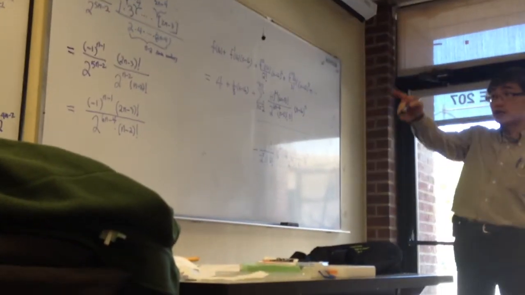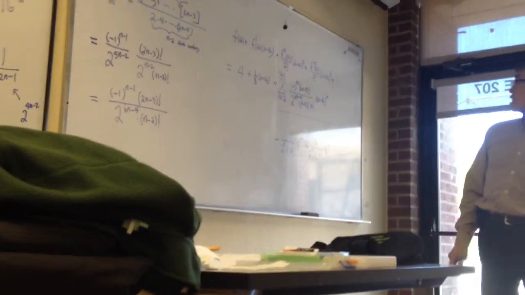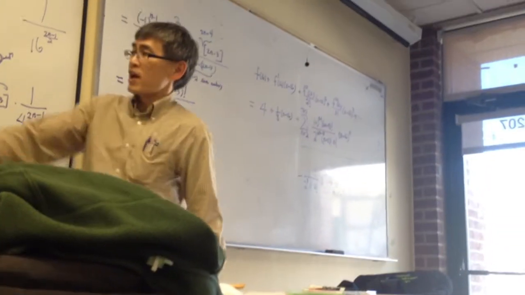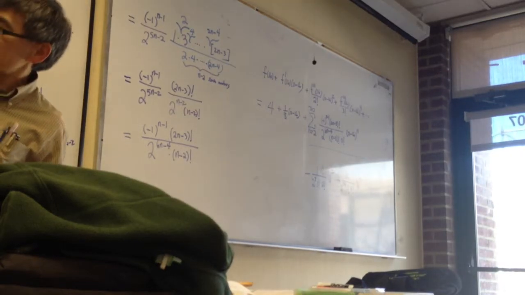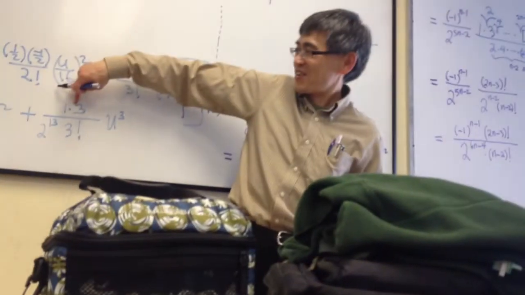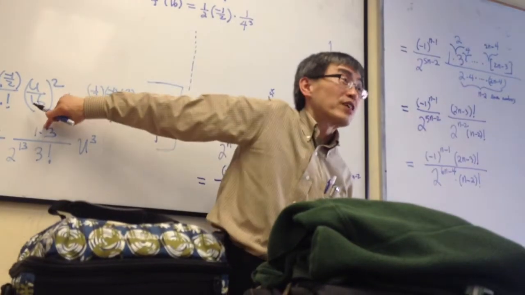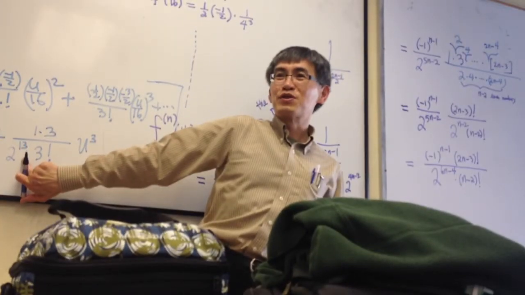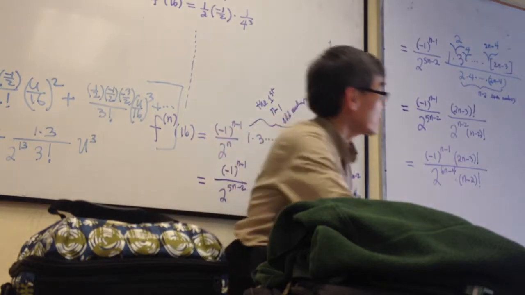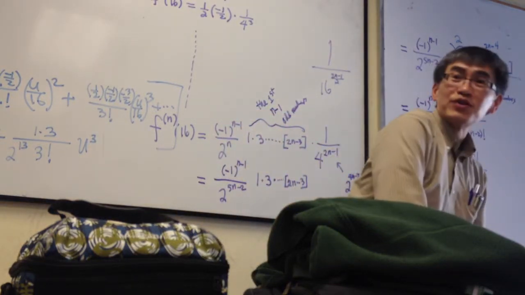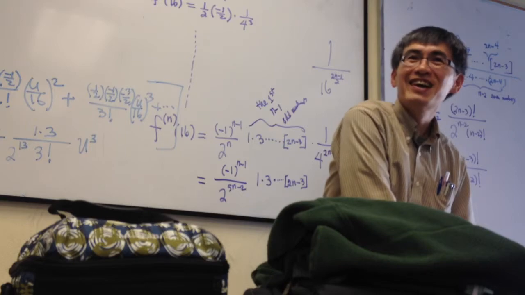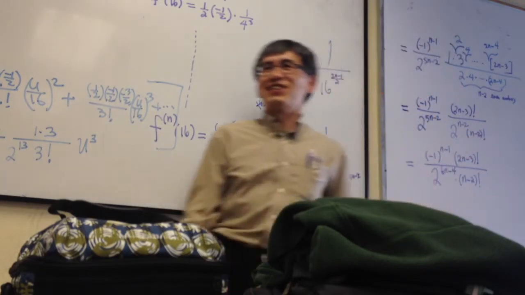Yeah, you have 13, but that's because the trick, remember, is to insert a 2 here, right? And that will give you 3 factorial. And then extra 2 here will give you 2 to the 14th power. And then you have 3 factorial and 1 factorial. That's right. Okay, just double check.